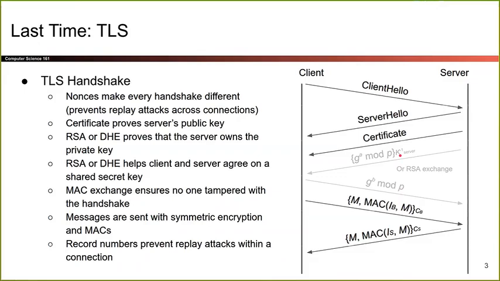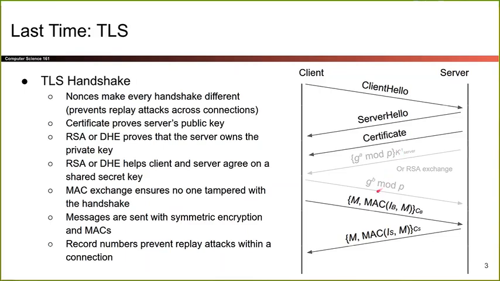And this lets the client and server agree on a secret key, because you're using public key cryptography to make these two people share a key. And you're also additionally proving that the server owns the private key. This makes you confident that you're talking to the correct server, because the certificate tells you their public key, and they've solved some sort of challenge to prove that they own the private key.